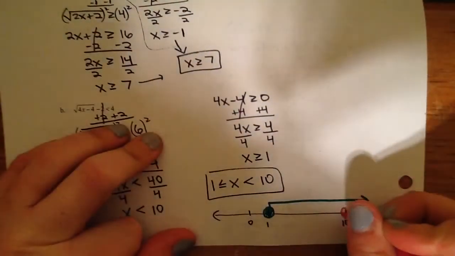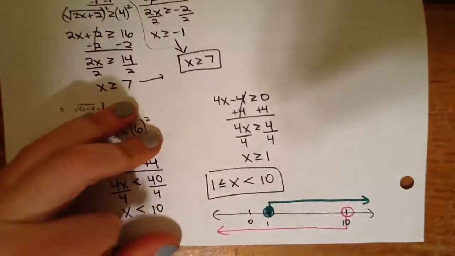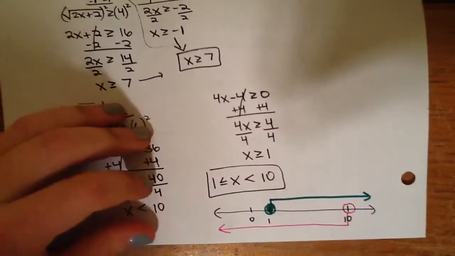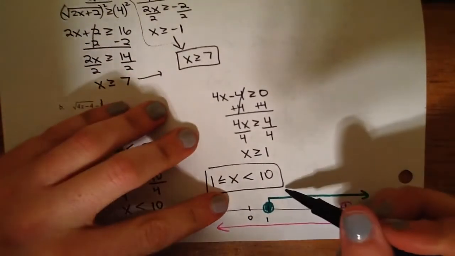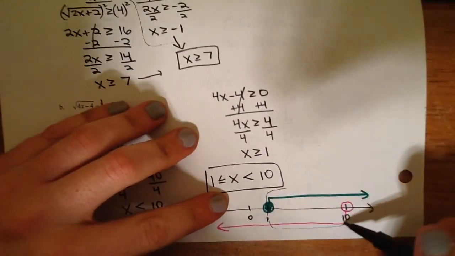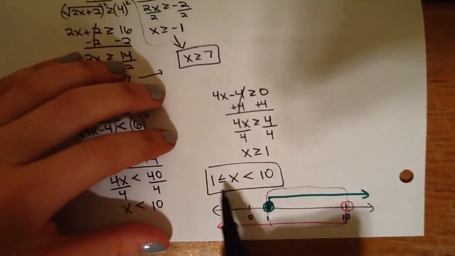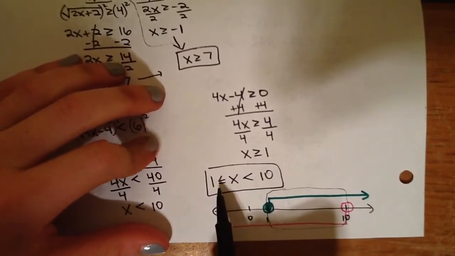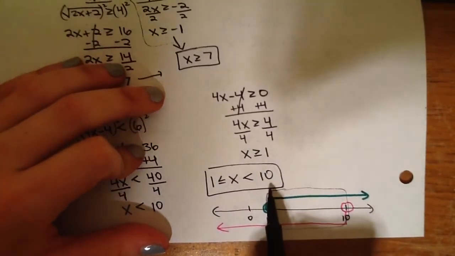You've got an open circle here, and less than means anything off to the left. Now since we're looking for an and inequality, it needs to fit this green line and this pink line, so it ends up just being the overlap, which is this section right here. So in between 1 and 10: bigger than 1, less than 10. This one has the or equal to because this has the or equal to. This one does not because this does not.